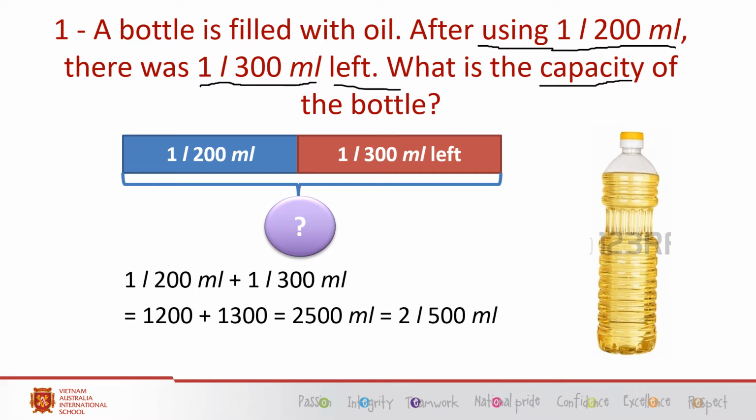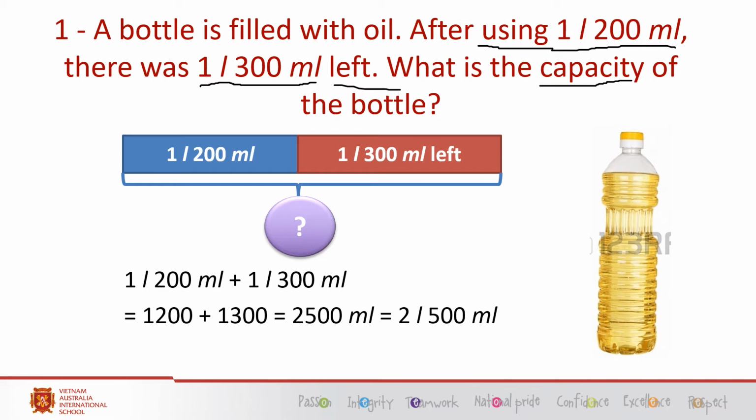Using 1 liter 200 milliliters, and we have 1 liter 300 milliliters left. So what is the capacity of the whole bottle? If you want to find the total capacity of the bottle, we take the 1 liter 200 milliliters used and add the 1 liter 300 milliliters left.